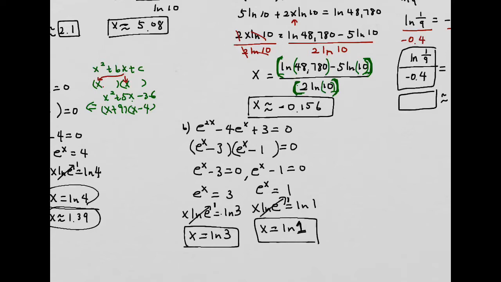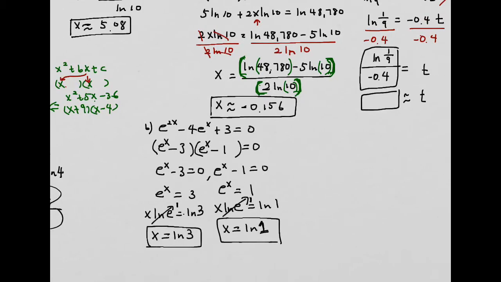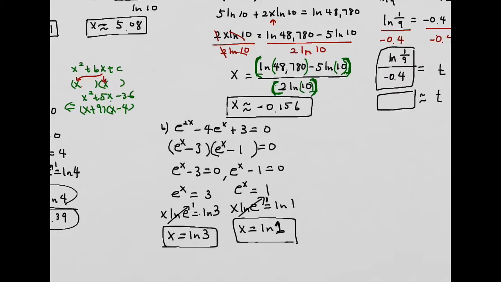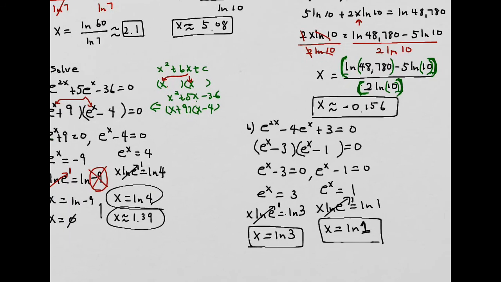That's another solution. So as long as you don't have a negative in the logarithm, you should be able to keep it as a solution. If you get a negative argument, like the other one right here, make sure to exclude that. That will give you undefined solutions.